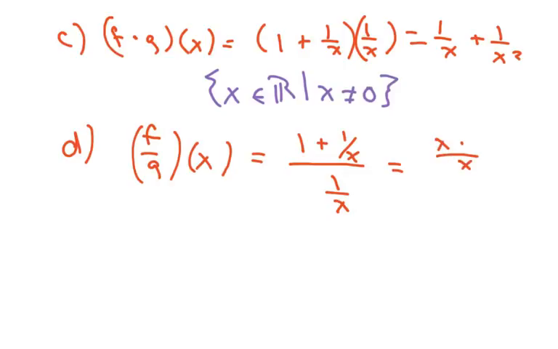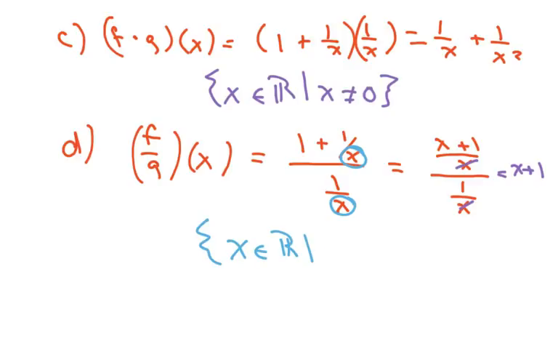That's x plus 1 over x, divided by 1 over x. You can cancel these two and you just get x plus 1. However, you still have to take into consideration the original, or you can't even simplify. So the domain is the same: all real numbers, but x cannot be 0.